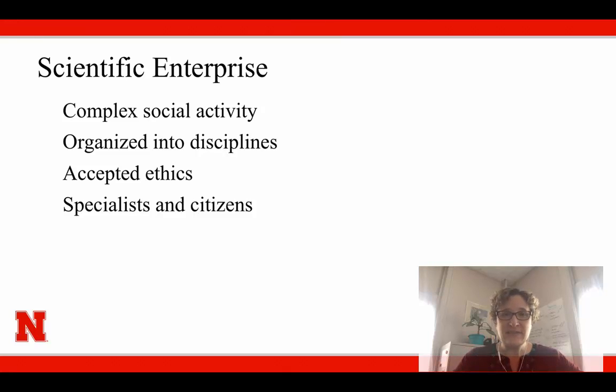It's this idea that we're taking in funding that isn't manipulating or controlling the message or how we conduct our research, but know a little bit about the ethical piece of science and how it's conducted as well. And then specialists and citizens, like we said, are becoming more and more involved in science. It's not just a controlled study all the time in a vacuum in a lab. It's also starting to incorporate and involve many more people in the scientific enterprise.